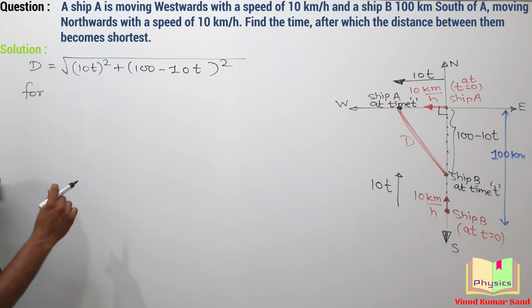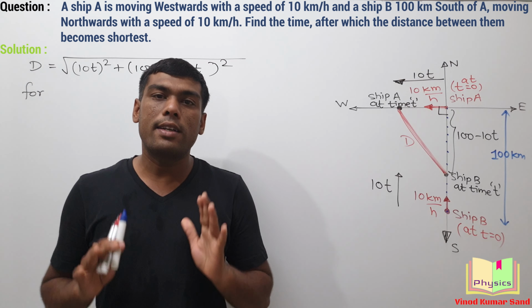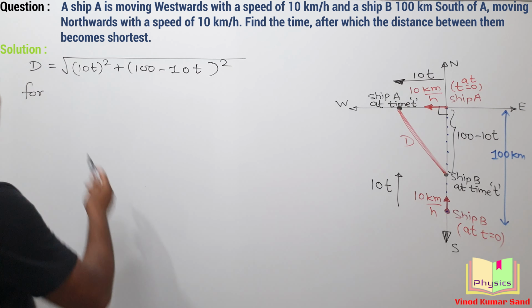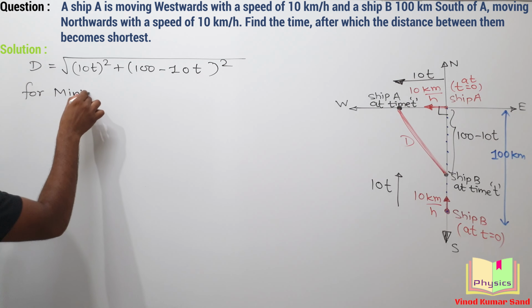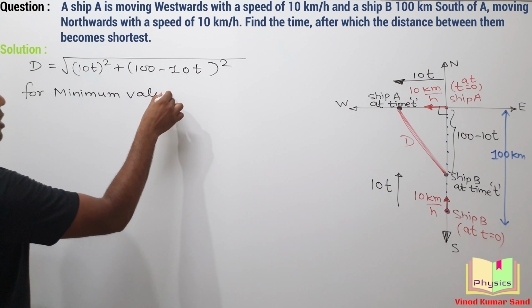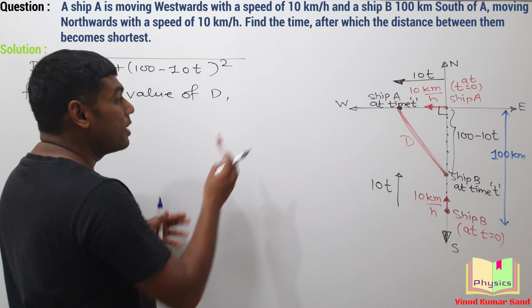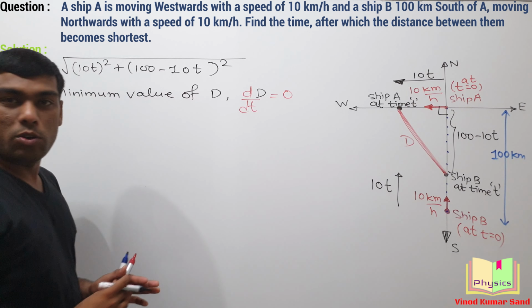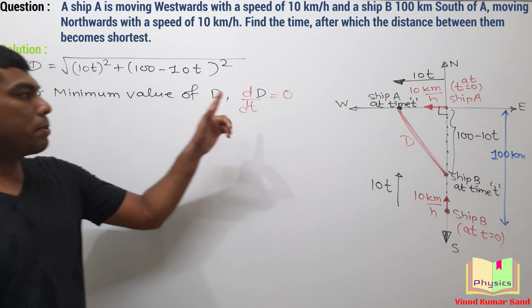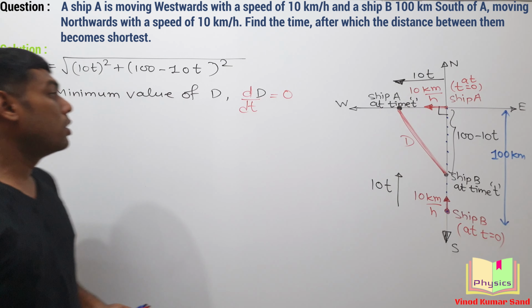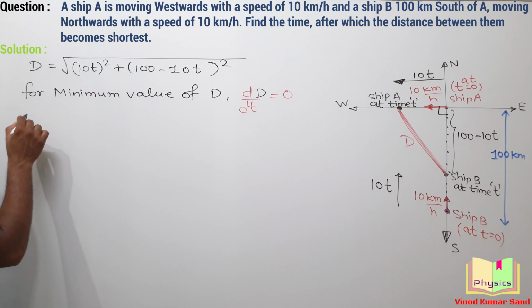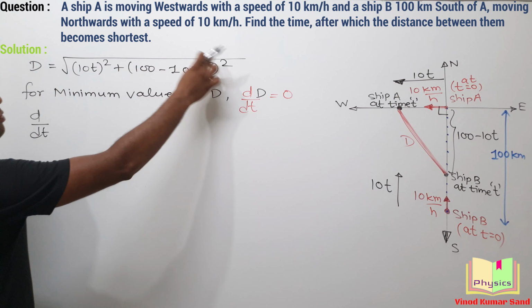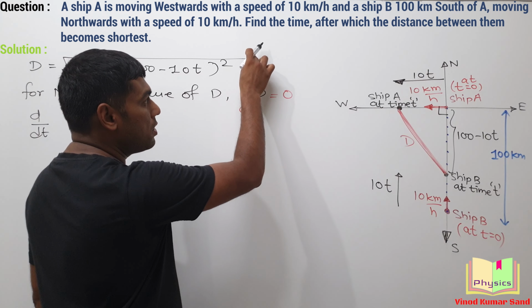We want to minimize the distance between ship A and B. And the concept of maxima and minima says whenever a quantity is maximum or minimum, its first differentiation is 0. So for the minimum value of D, what should we write? dD/dt should be equal to 0. You agree? For the minimum value of capital D, the first differentiation should be 0. So doing the differentiation d/dt, first of all we'll differentiate this root, meaning this power half.